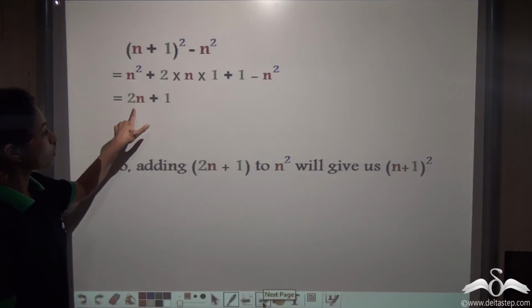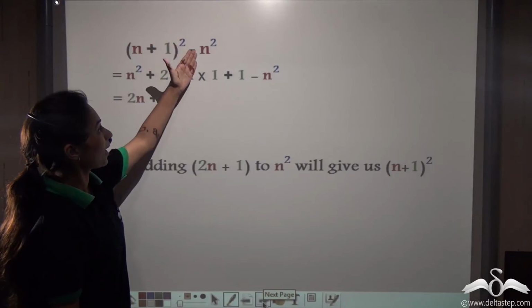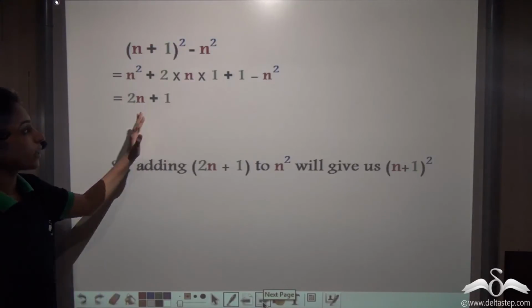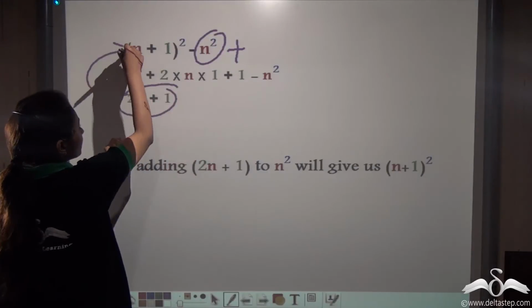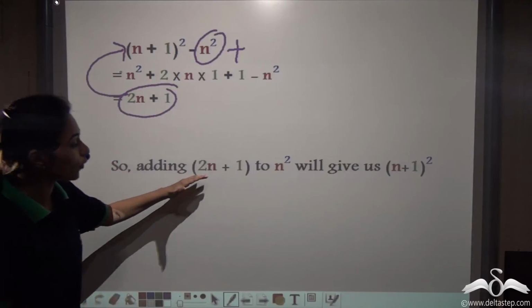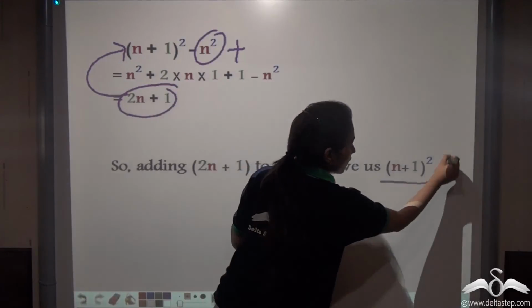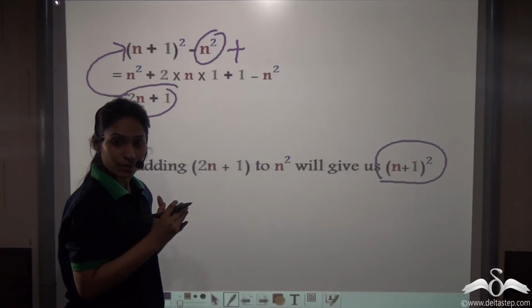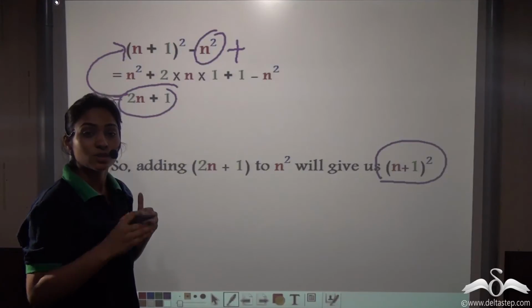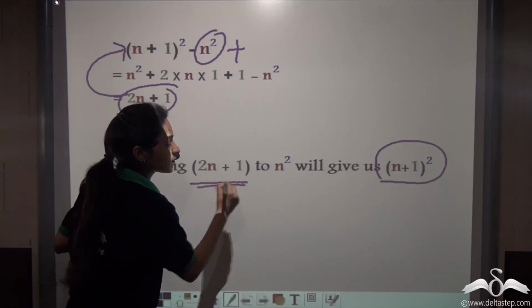So we get 2n plus 1. So you can see that n plus 1 whole square minus n square gives me this. So I can say that this added with this will give me this result. Or adding 2n plus 1 numbers to n square will give us n plus 1 whole square. So if you know a square of a number and you want to find out the square of the next consecutive number, you can just add 2n plus 1.